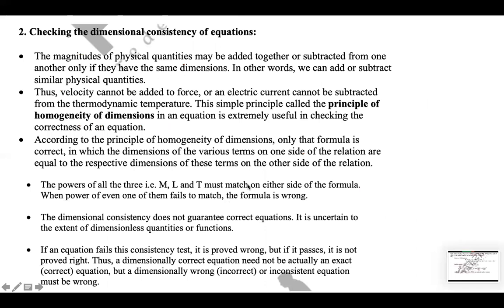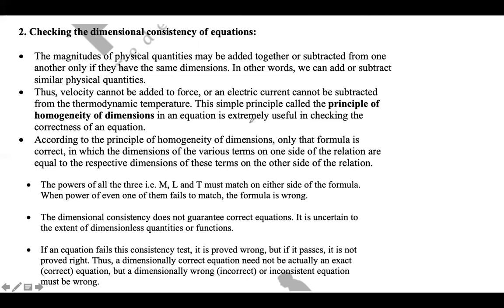Now, second thing is checking the dimensional consistency of an equation. So, how do we check the dimensional consistency of an equation? It is by the principle of homogeneity of dimension. Whether an equation is dimensionally correct or not can be found out using the dimensional formula.